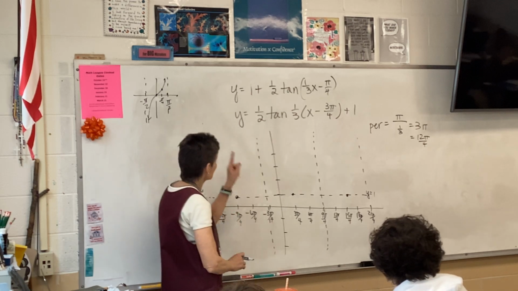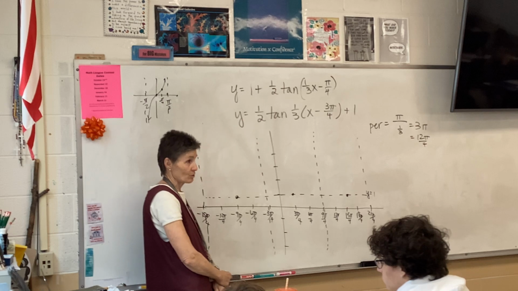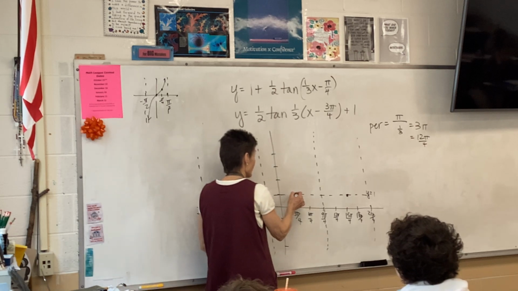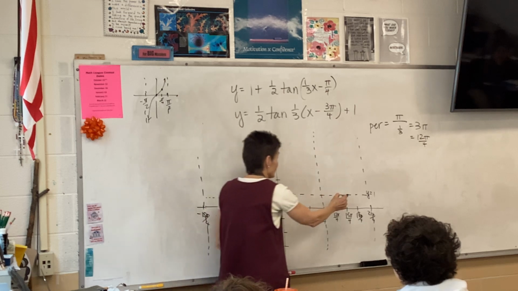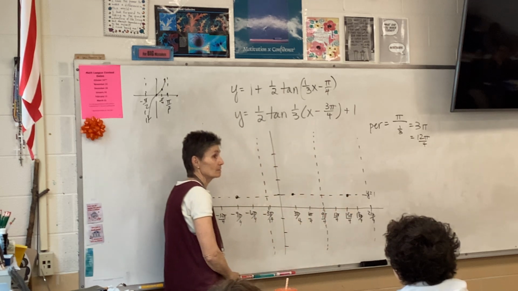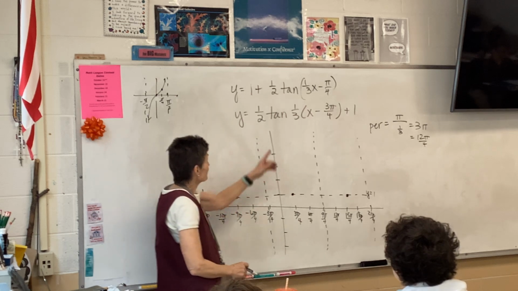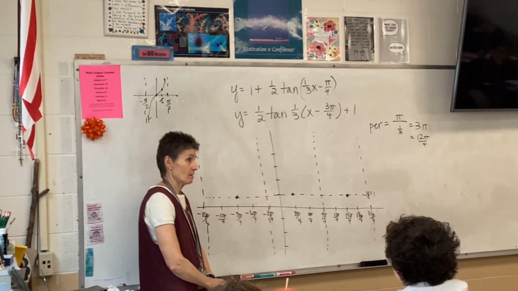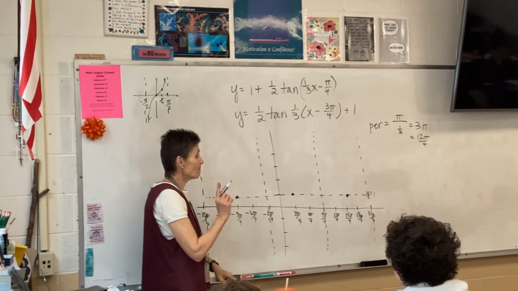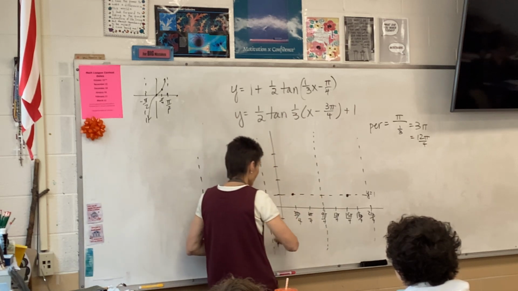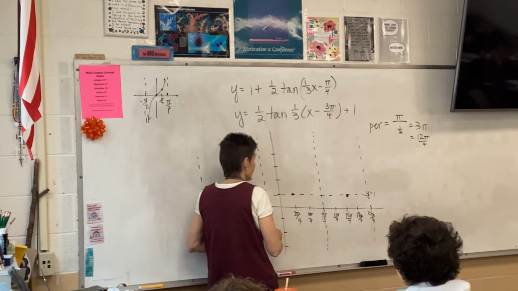Okay, now this one is a positive tangent curve. Its point of inflection is going to happen right there, up 1. It's going to go up, but I stuck a 1/2 out there. Now remember, let's say I'm going to graph this period right here. I know I'm going to be coming up like this.